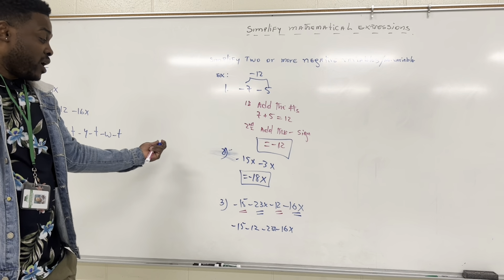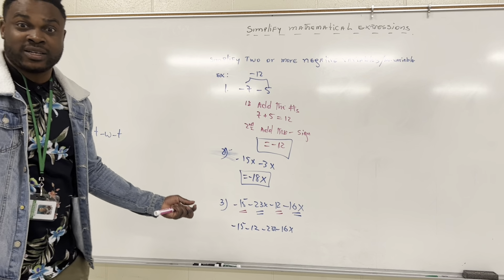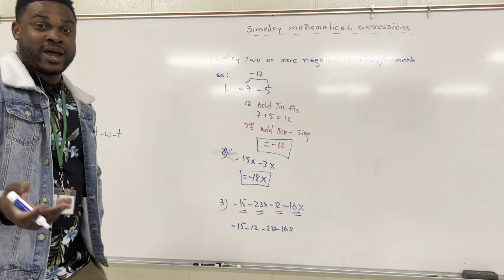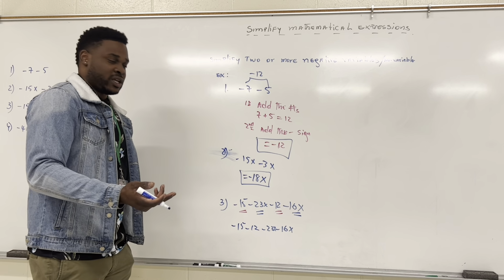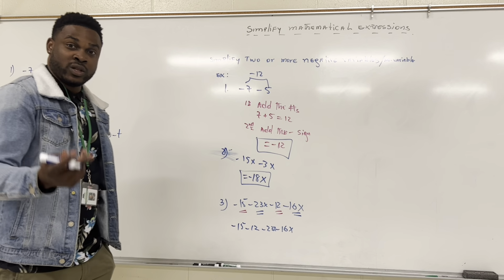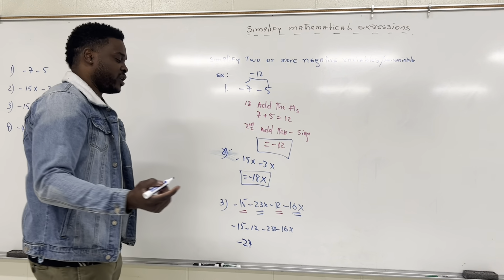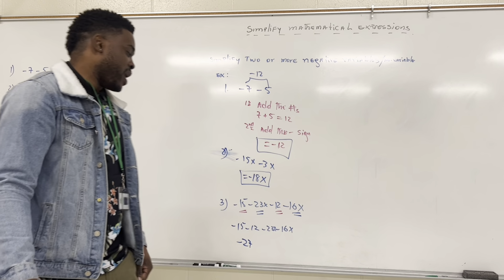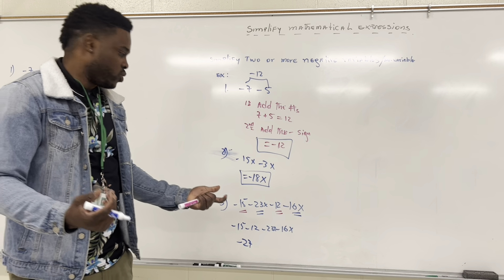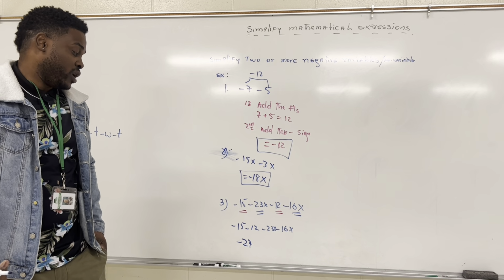Remember the rules. We apply exactly the same rules. You notice those terms over here have exactly the same sign. So when they have the same sign, we add the numbers and keep the negative sign. 15 plus 12 gives us 27, and we keep the negative sign, which is negative 27. And then 23x and 16x, we add them and keep the same sign, the same way we did for negative 15 and negative 12.